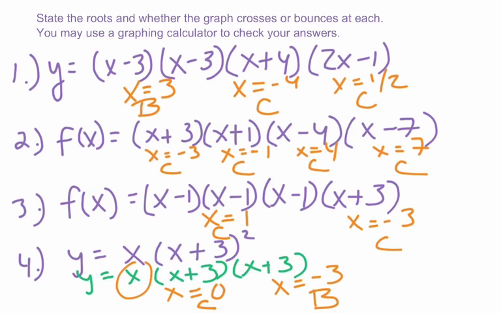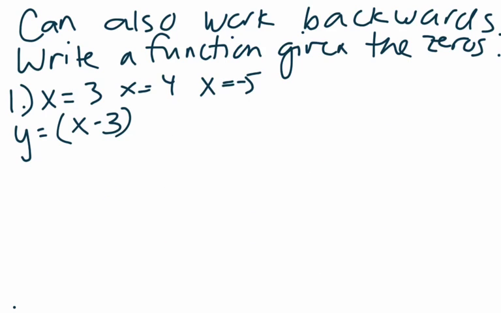If you have x equals 4, that comes from a factor of x minus 4. And x equals -5 came from a factor of x plus 5. Now, there are actually an infinite number of functions that would have zeros at those spots.